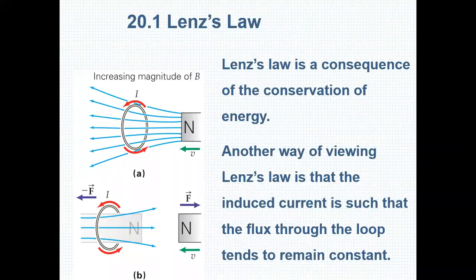Okay, so Lenz's law is a consequence of conservation of energy, as we discussed earlier. Look at the side figure, increasing magnitude of B, because you are moving this magnet towards this closed loop. So the direction of current is anti-clockwise, and the direction of the induced magnetic field is shown too.